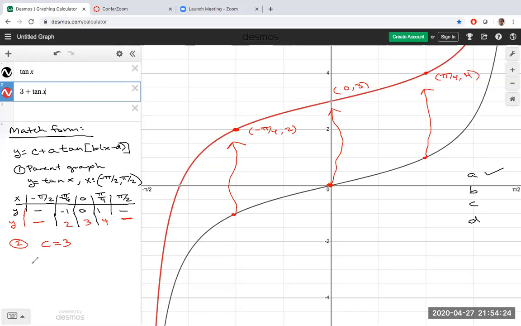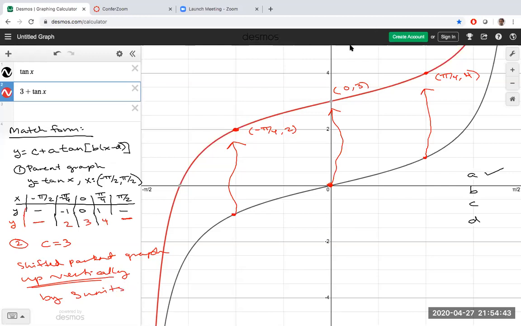Okay, so this shifted parent graph up vertically by 3 units.